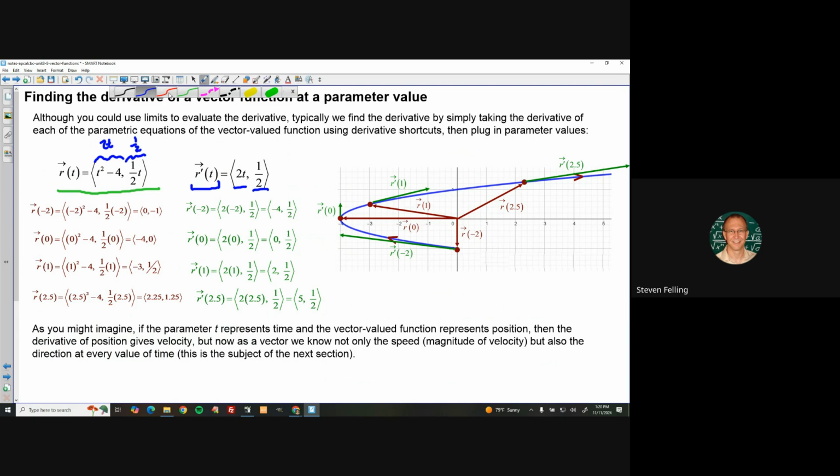Now, if you evaluate these at different times, so let's say we evaluate this at time -2 or 0 or 1 or 2.5, you can plug those t values into the position vector. Like let's say I plug -2 in and I get for the x component 0 and the y component -1. That's a position vector, so it's going from the origin locating this point and telling us we're at 0, -1.